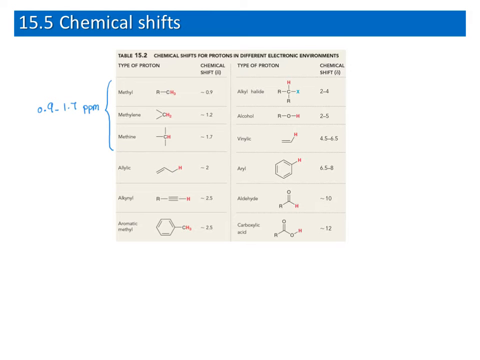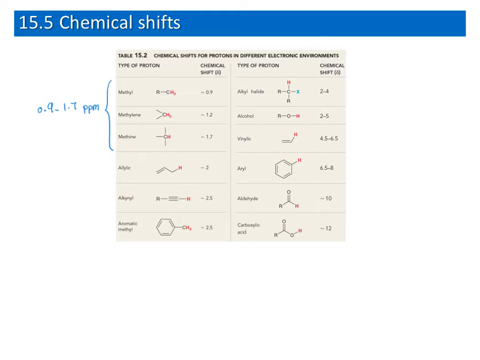As I said, these numbers are just a range. You may find different ranges, like for example 0.5 to 1.5 or 2 ppm. That shouldn't need to be very accurate. You should know the approximate position of each functional group in the hydrogen NMR spectrum. So alkane appears between 0.9 to 1.7 ppm.